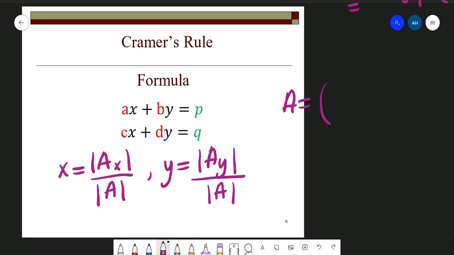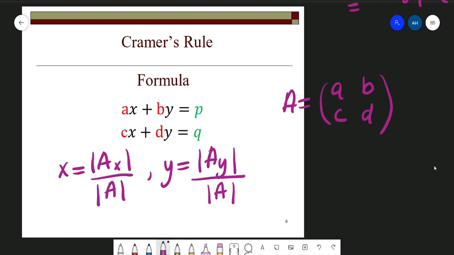The coefficients for x are A and C. The coefficients for y are B and D. That will be matrix A. So whenever you see matrix A, for example at the denominator where we have the determinant of matrix A, it means this matrix, consisting of the coefficients in columns. The first column is A, C, the coefficients of x, and the second column is B, D, the coefficients of y. So this is matrix A.